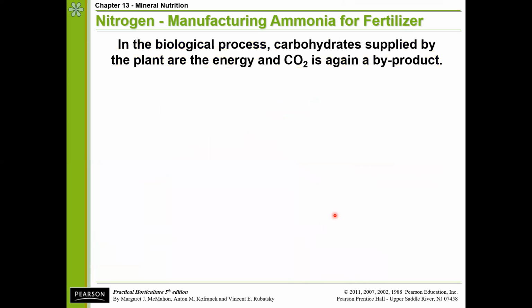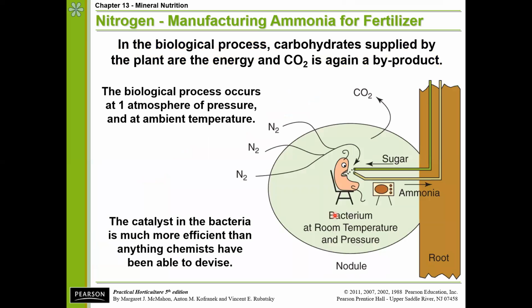In the natural box, the plants are supplying the carbohydrates. And methane, natural gas, CH4, is not a carbohydrate itself, but you're getting the carbon and hydrogen that comes from that carbohydrate in it.